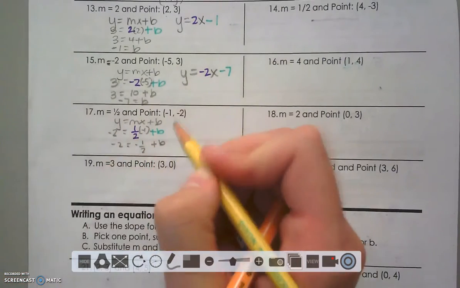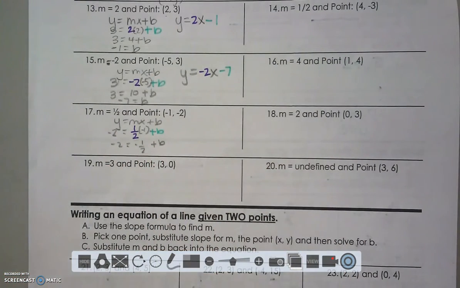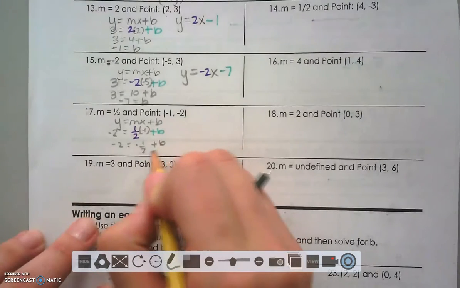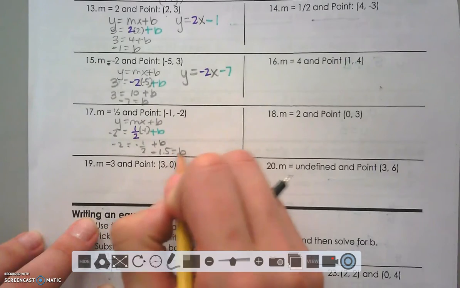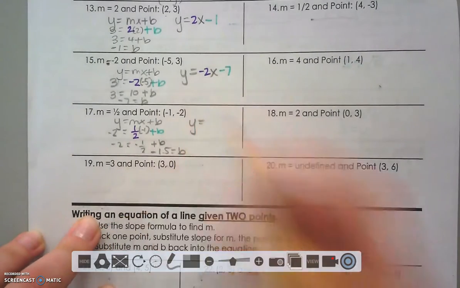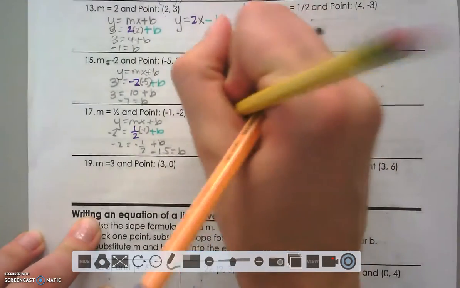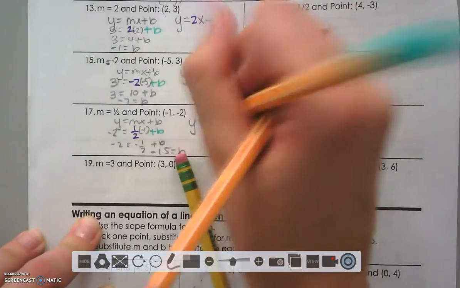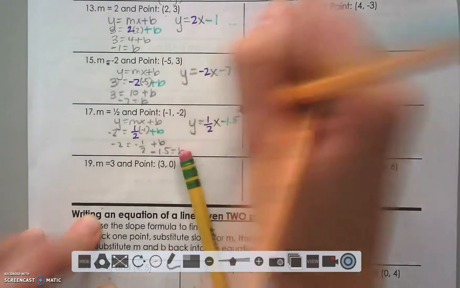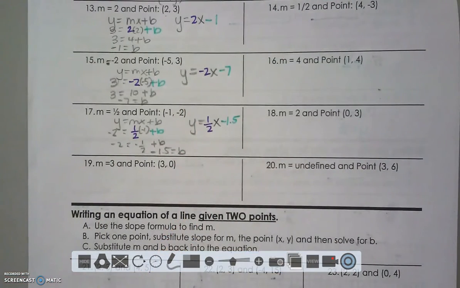So if I add a half, we'll say negative 2 plus 0.5, negative 1.5 is equal to b. So y equals 1/2 is my slope, x, and then you can say minus 1.5, or you can write that as a fraction as 3/2. Whatever works for you. Okay.